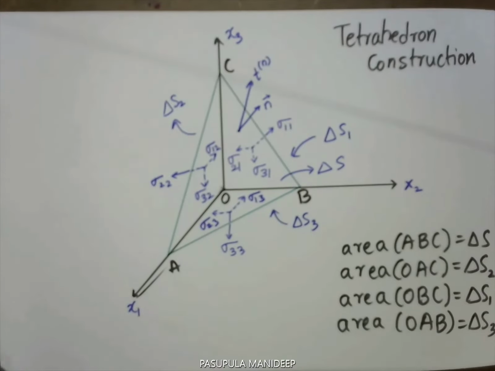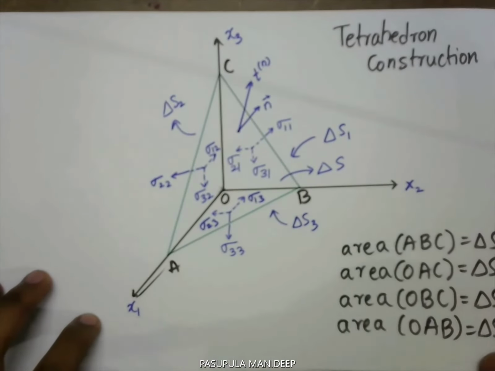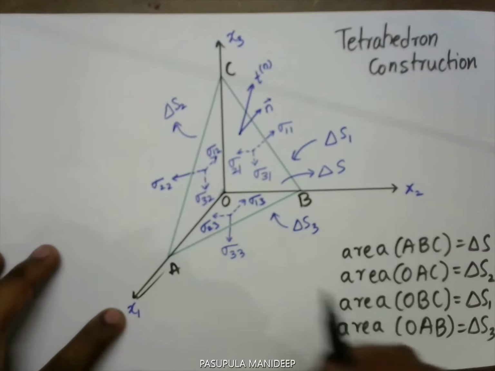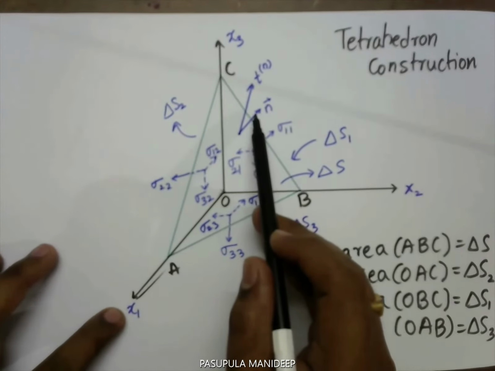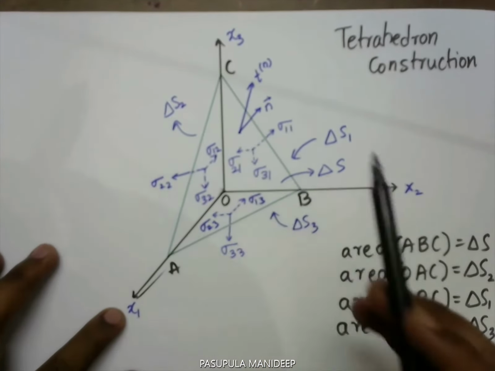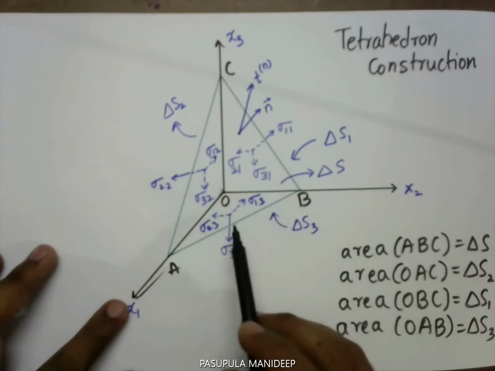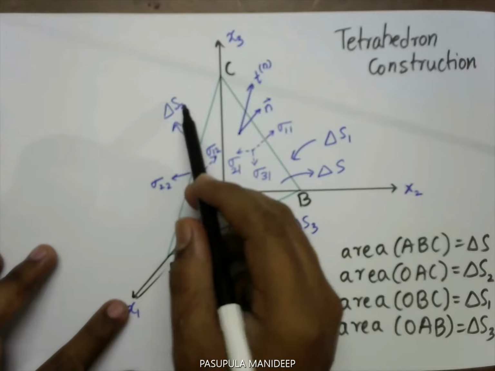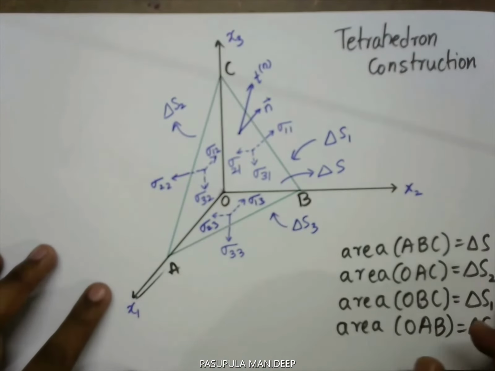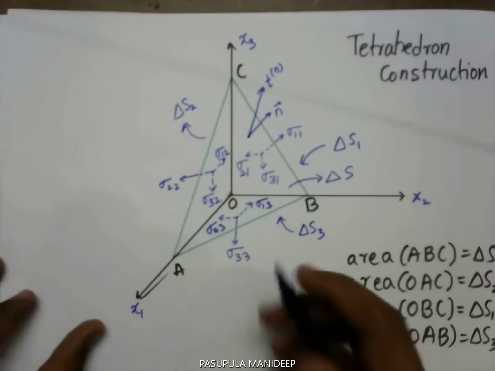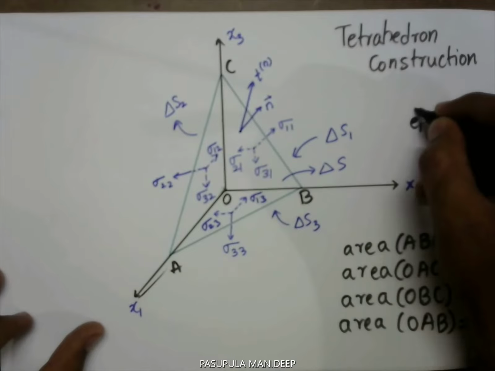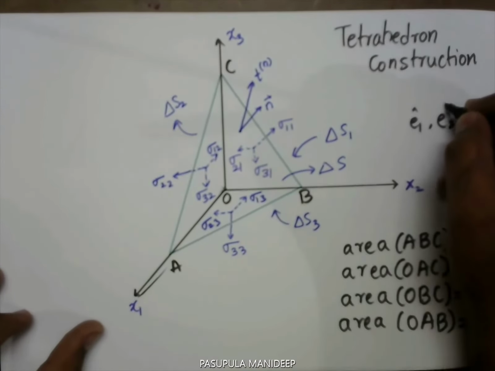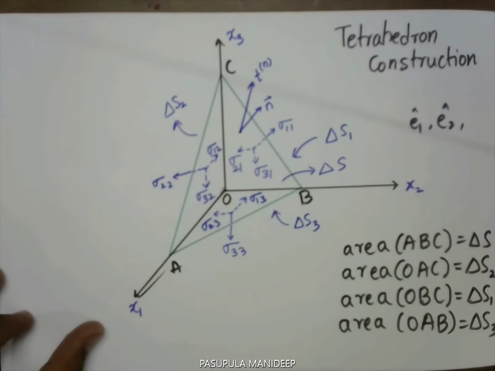Now from this figure, we can resolve this delta S area in terms of delta S1, S2 and S3. Let the base vectors be e1 cap, e2 cap and e3 cap.